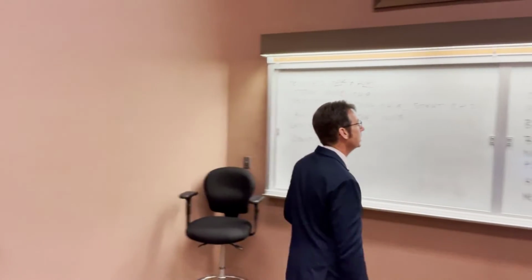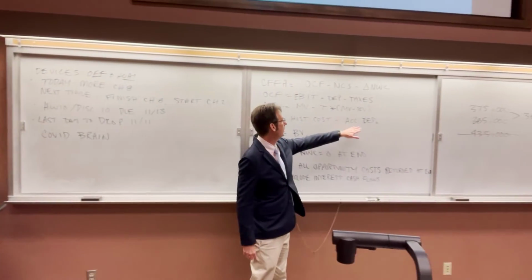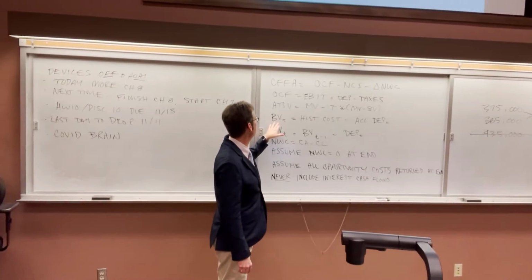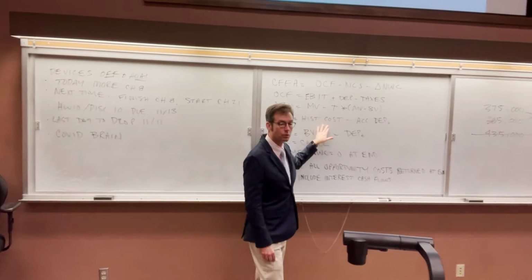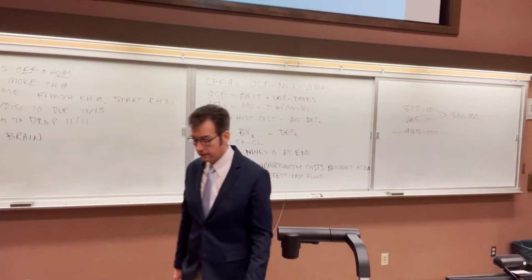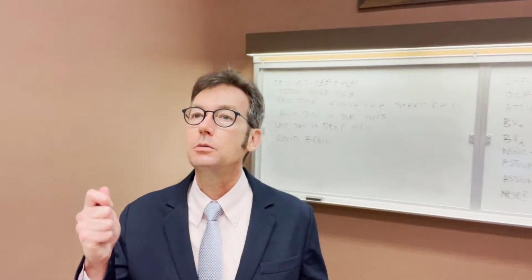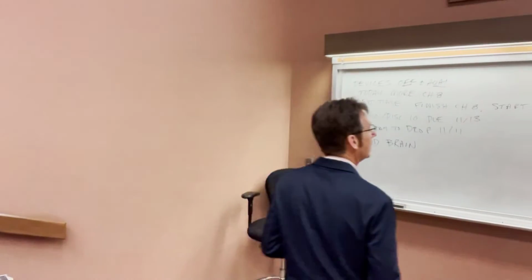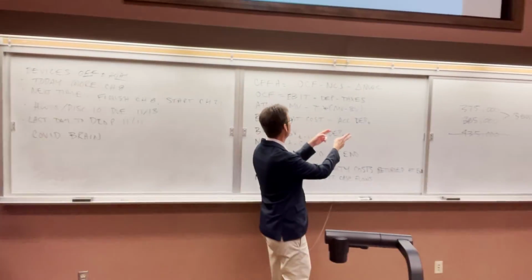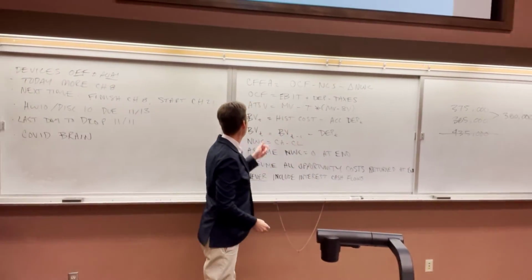And as that accumulated depreciation gets higher, then the book value gets lower, because after all, historical cost is going to stay the same. We typically depreciate down to 0.